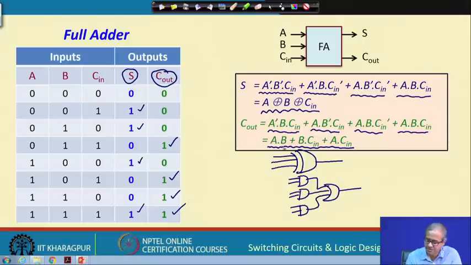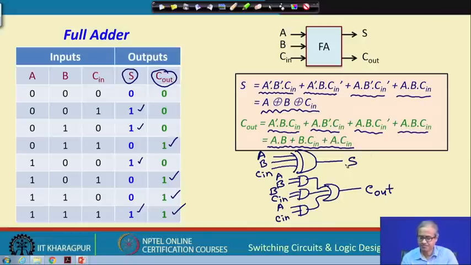The first one will be fed with A and B, the next one with B and C in, and the last one with A and C in, and the output will be C out. And here the inputs will be A, B and C in, and the output will be S.